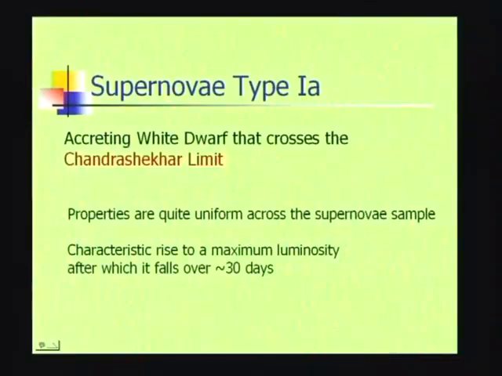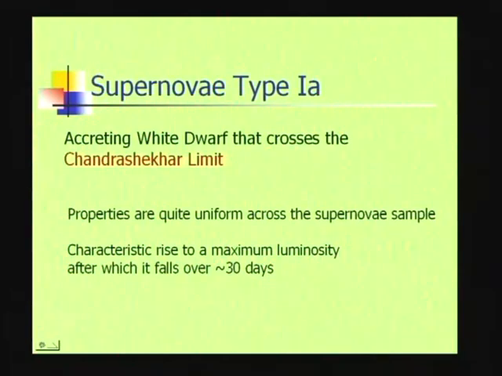Okay. Now, what do you see in these supernovas? So, when the supernova explosion occurs, when the supernova is formed, there is a characteristic rise in the luminosity to a maximum value.